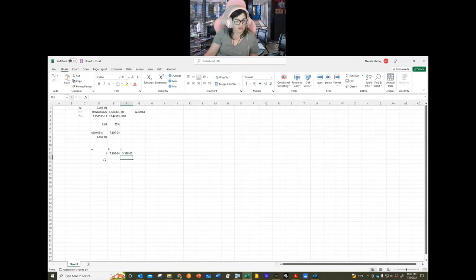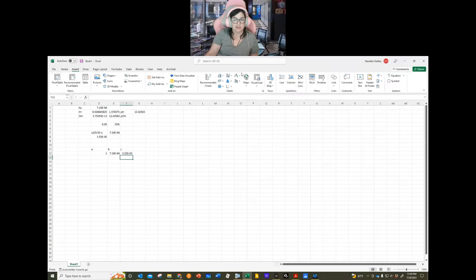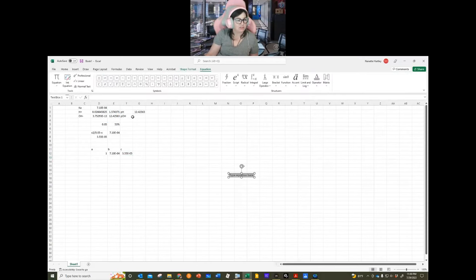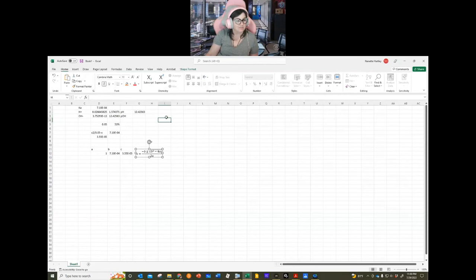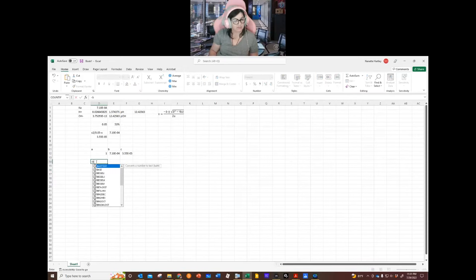Given that that is the case, then I can, and I always have to do it this way because I can't ever remember the damn equation. So my x is going to be equal to negative b, and of course I do it this way, b squared minus 4ac, and then 2a.